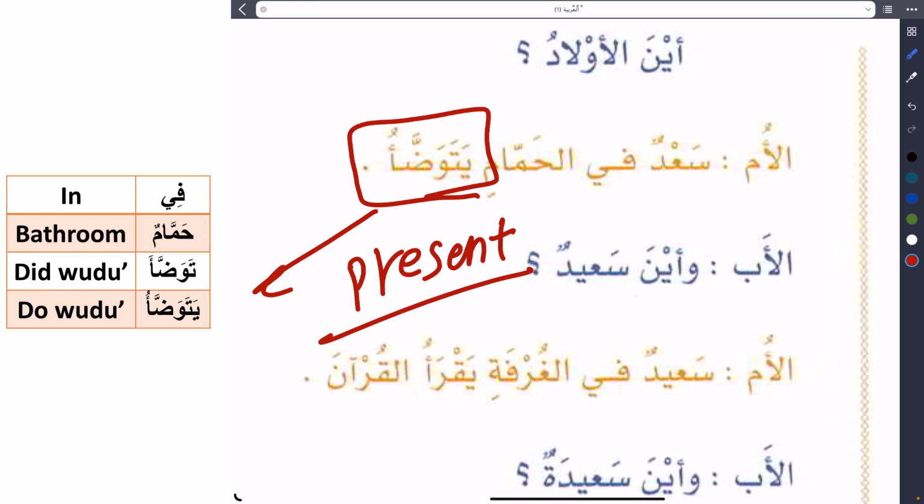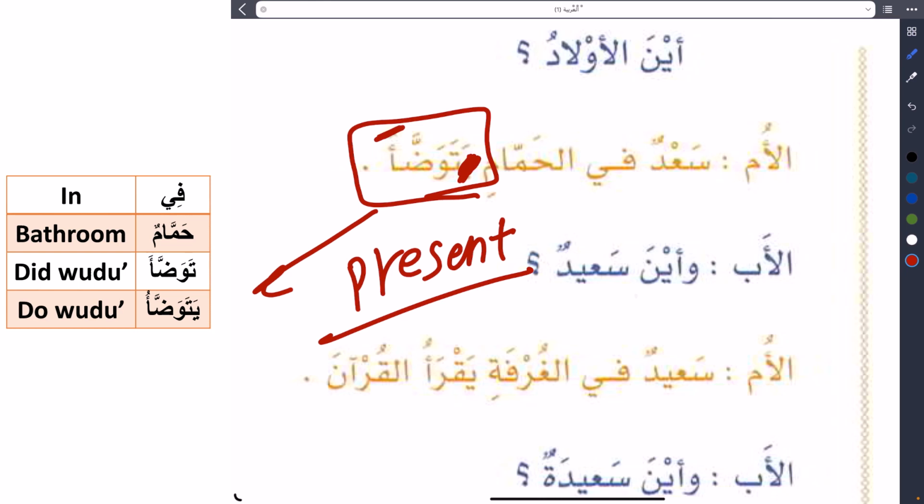So, how to form the past from the present? Normally and generally, if you remove the first letter from the present and change the last letter from dhamma to fatha, now you have formed the past.